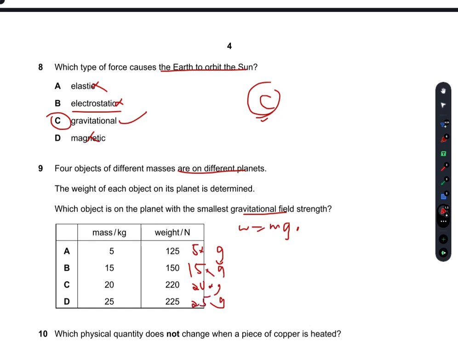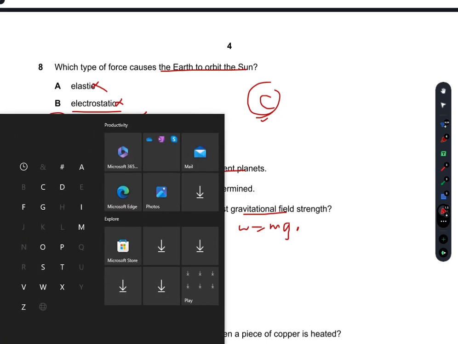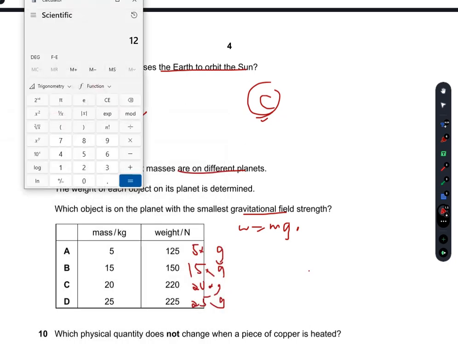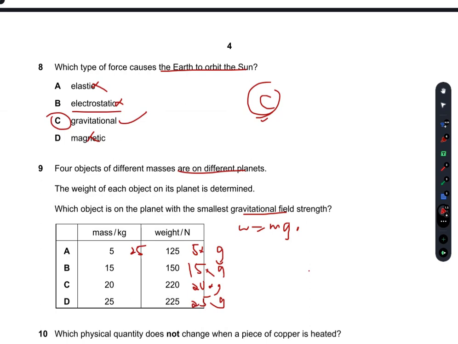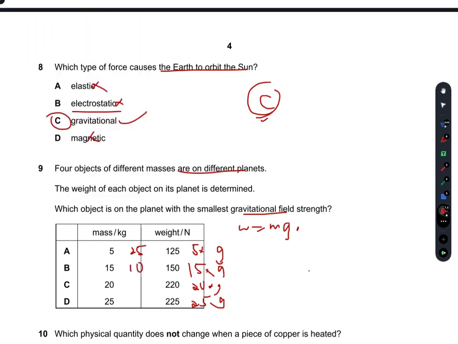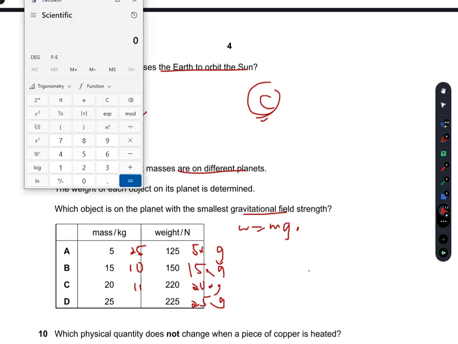So 125 over 5, let me check this. 125 over 5 is 25, the gravitational field strength here in A. 10 is here, 11 is here, and 225 divided by 25 is 9 here.